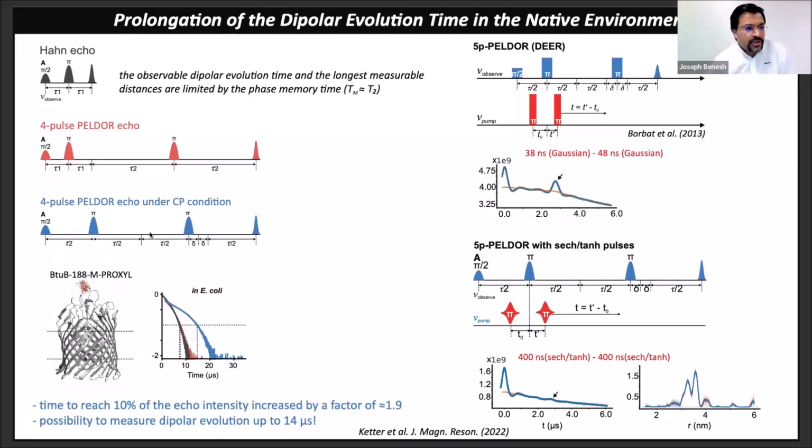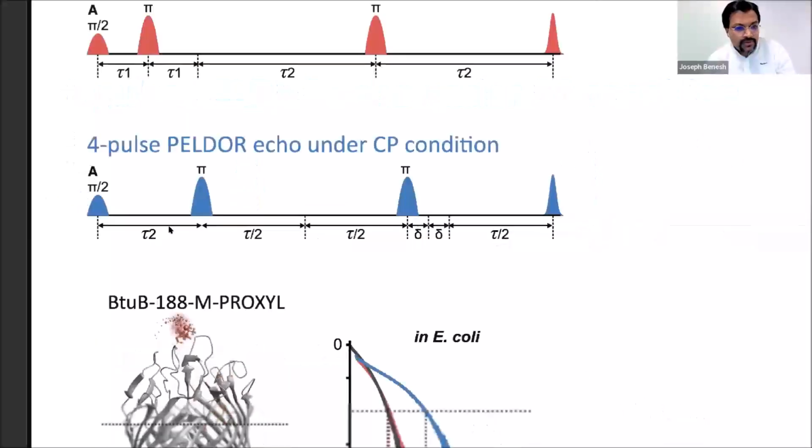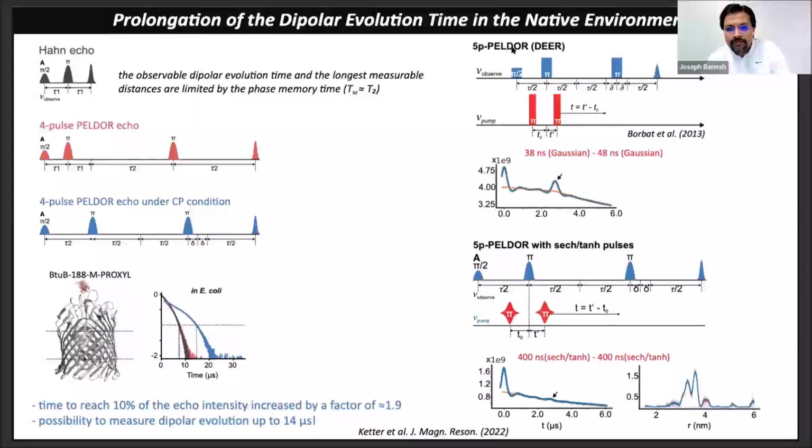Based on this Carr-Purcell condition, a 5-pulse PELDOR sequence was developed by Borbat et al., which required an additional pi pulse between the first 2 observed pulses to break the symmetry of the dipolar evolution around the primary echo. A limitation of this pulse sequence is that these rectangular pulses have non-uniform inversion probability.